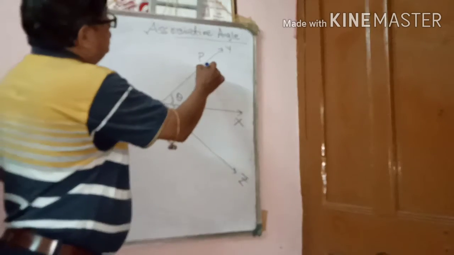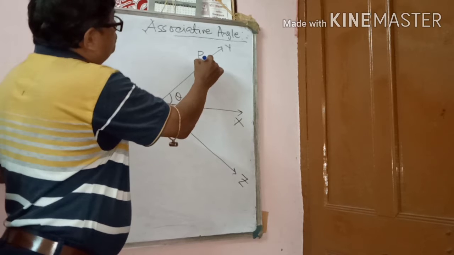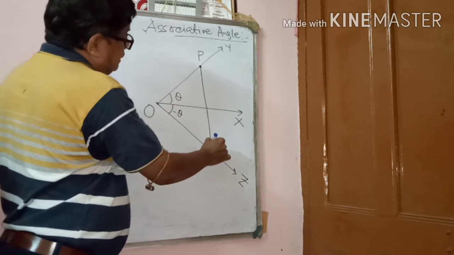From here, you have to draw one perpendicular line and extend it here.